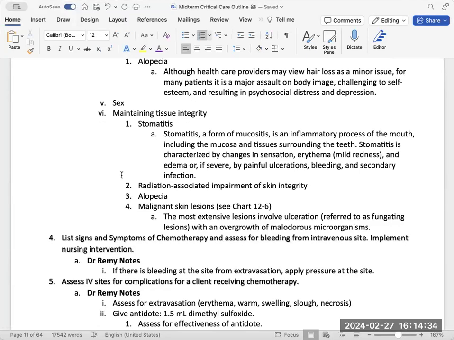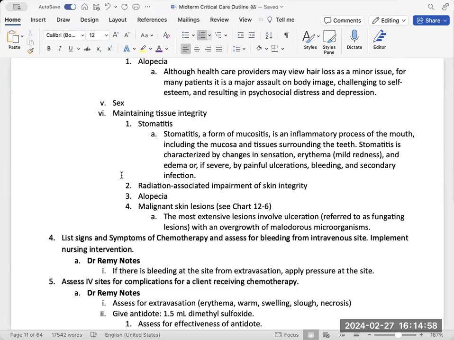It could be kind of harsh on the skin and also those mucous membranes, so they start getting ulcerations potentially. So oral care is usually something you would do. You don't want them to brush their teeth really hard. Soft bristles and maybe normal saline rather than mouthwash that is very irritant to the gums.